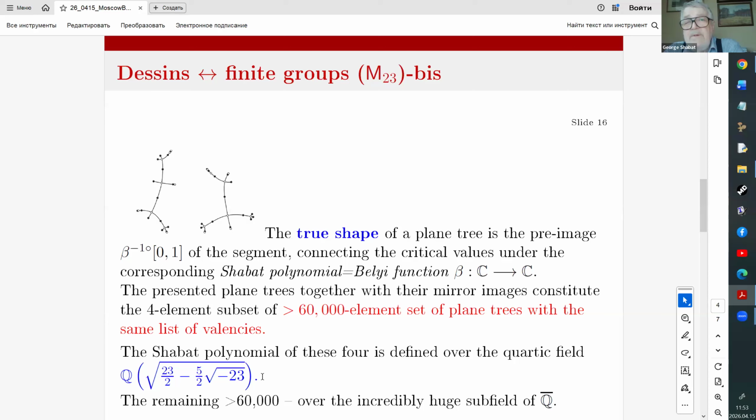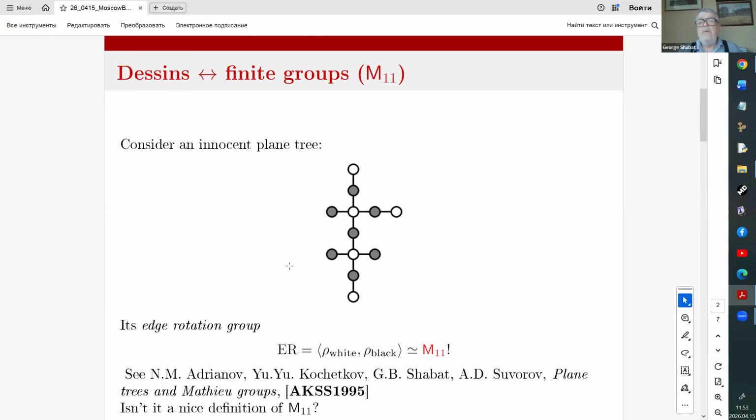So 23 is the number of edges, and in the same way, in the previous slides, I didn't write it down, but here the Shabat polynomial is defined over Q of square root of -11.